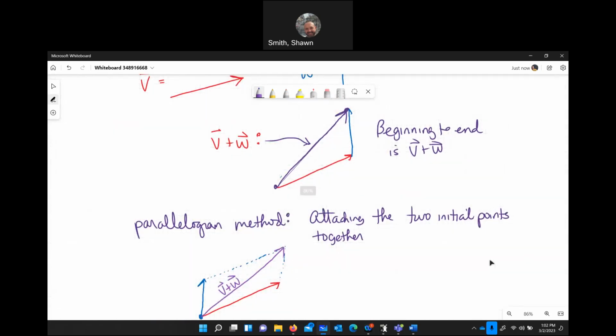You'll get the same length of vector in the same direction. And again, that only works for two vectors. If you have 3 vectors, you're not going to be able to make a parallelogram out of it, right?